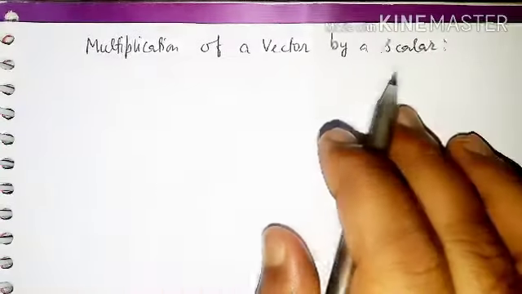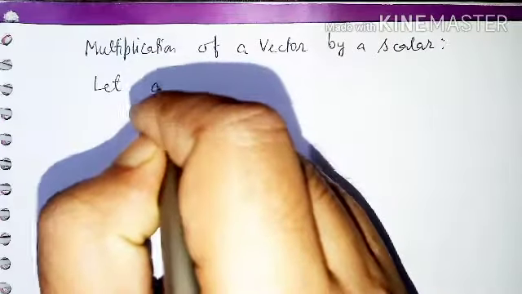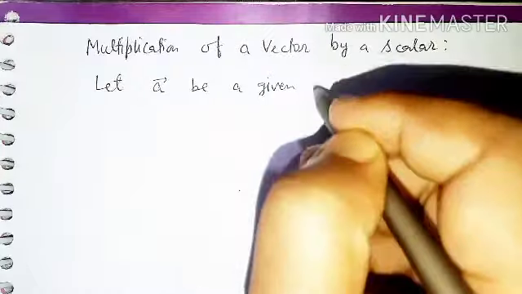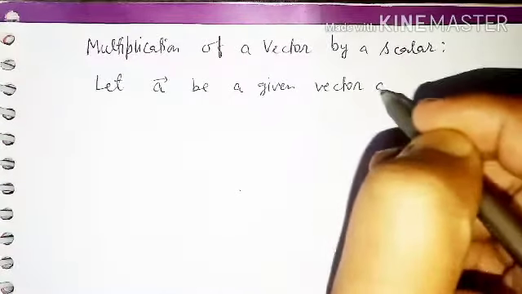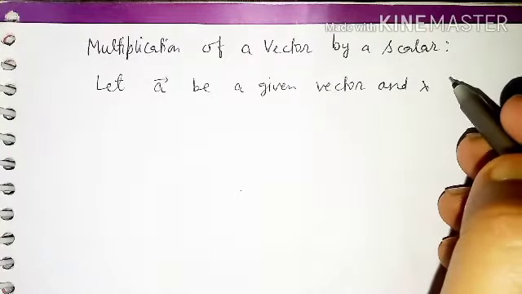Multiplication of a vector by a scalar. Let vector a be a given vector and lambda be a scalar.